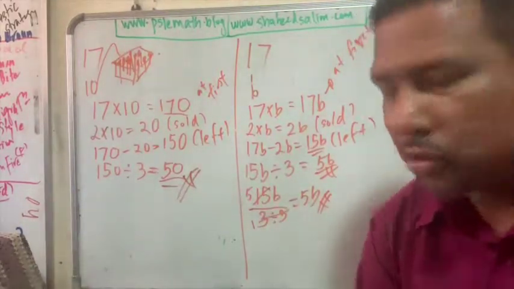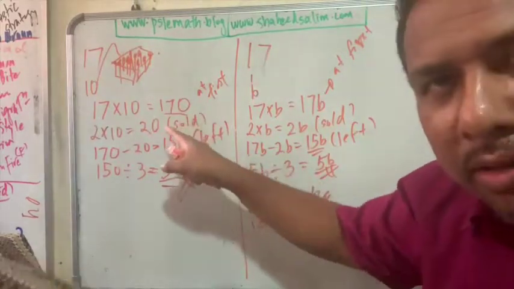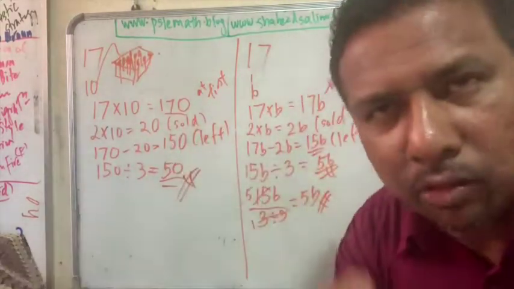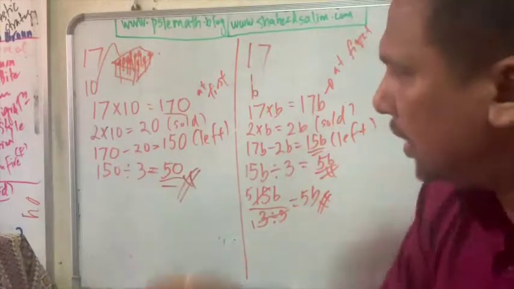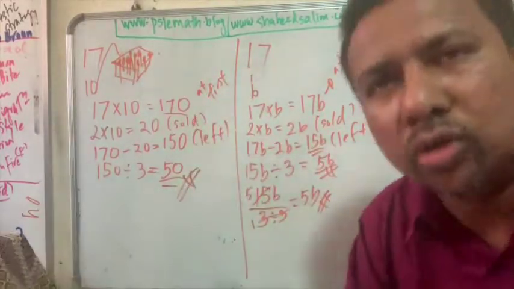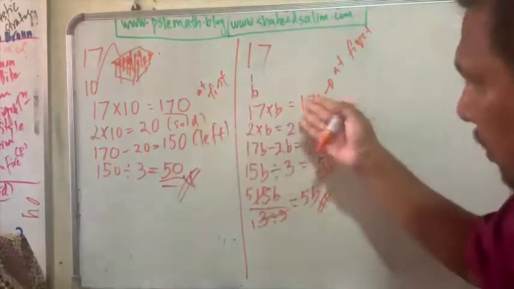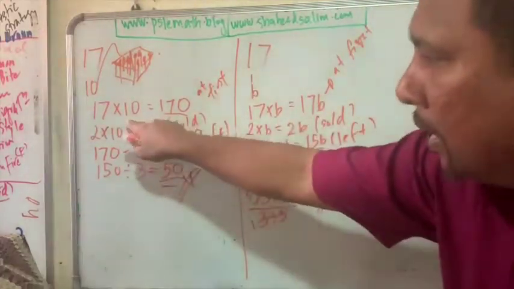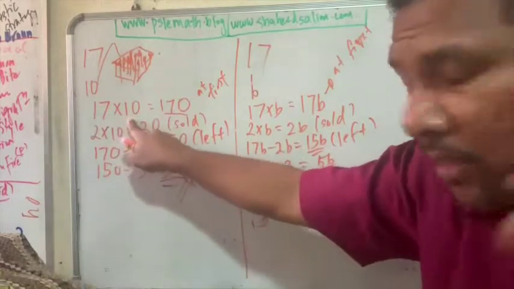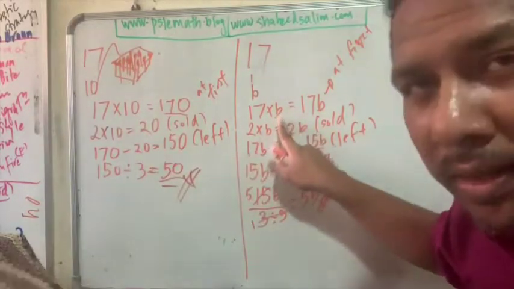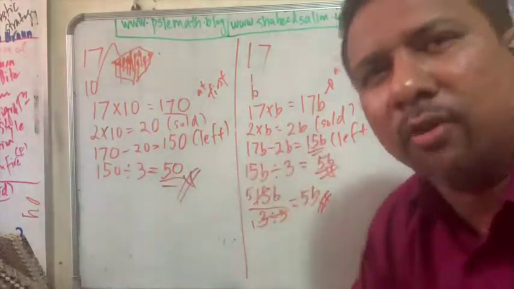If you get confused, give a number to the letter B, so that you can see step by step how to solve this problem. Once you can see it, do the same thing, but now substitute the number that you have inserted with the actual letter given in the question, and then you can solve it. Alright?